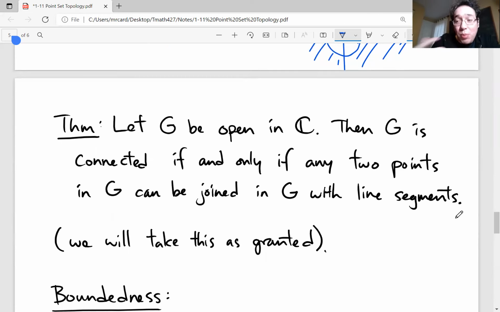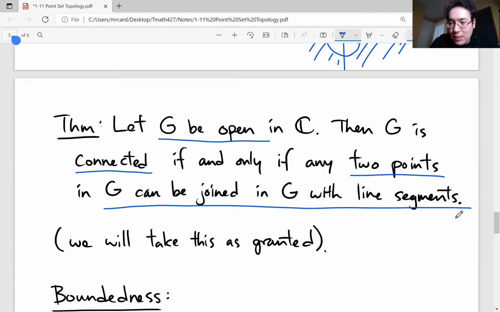Okay, so most of the time for the domains, we're going to be working with open sets. So we're going to say G is connected if and only if any 2 points in G could be joined with line segments.